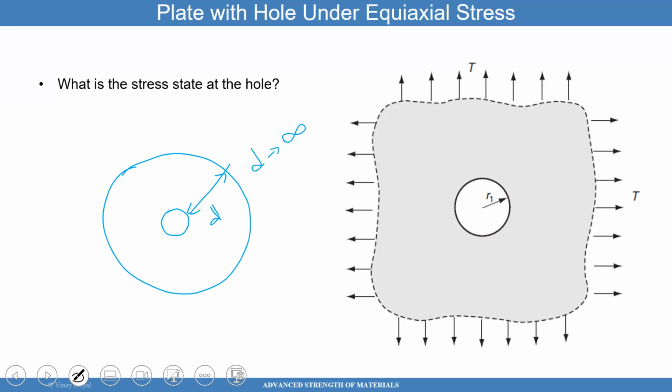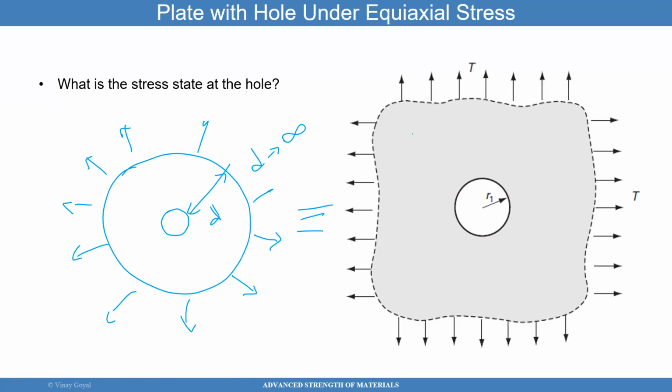And so if I have that scenario, and actually the external pressure is applied outwards, you pretty much have the case we're discussing on the right-hand side. So the case on the left is equivalent to the case on the right, because not only do you have a hole that's subjected to equiaxial stress, meaning that the traction stress is applied in the far field, you also can say that this looks like this as this distance d goes to infinity. And so what we can do is use the pressure vessel equations to approximate the solution to this problem.